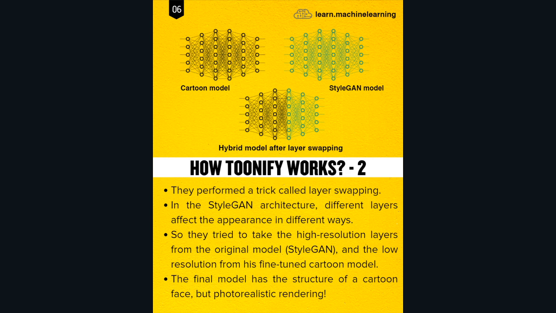Layer swapping is nothing but this: we have two networks. If you can see here, we have a cartoon model and a StyleGAN model. In the architecture of StyleGAN, every layer affects the images or appearances in different ways.